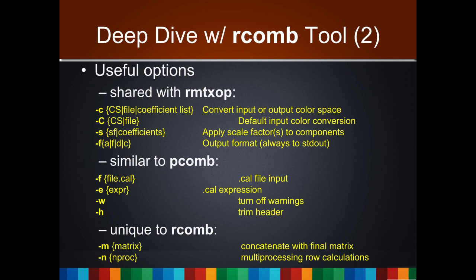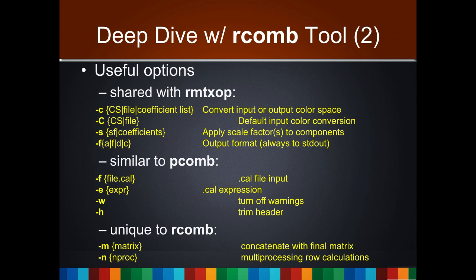So some useful options that it shares with rmtxop, and some of these are new. The -C option used to be only for a coefficient list. In Radiance, each matrix element has n components, usually 3 for RGB, and you can think of those as stacked matrices. When you're doing operations between RGB matrices, it's like a red matrix operation followed by a green matrix operation followed by a blue, but they're done at the same time, as parallel matrix operations.